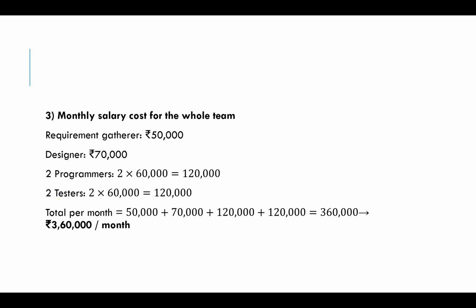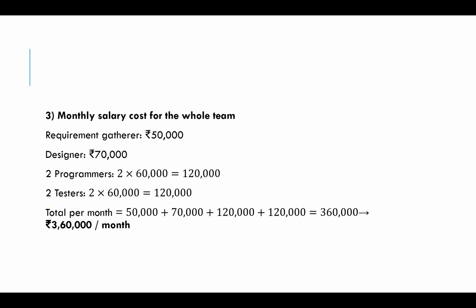Now we first calculate the total salary given in 1 month. The requirement gatherer takes 50,000, the designer will take 70,000, a programmer takes 60,000, but there are two programmers, so 2 into 60,000 is given to programmers. Two testers are there, 2 into 60,000.